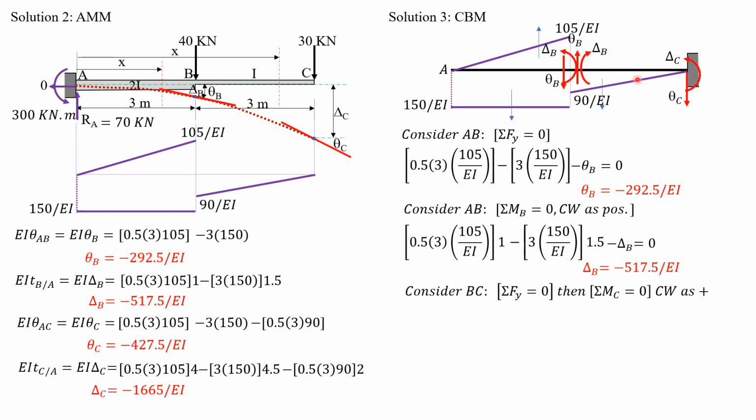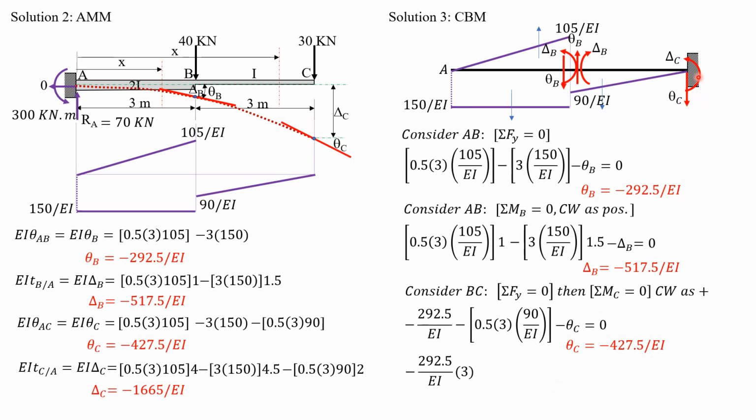And if we consider BC, if we sum up forces vertical, we can solve theta C. So theta B, but theta B is negative, although it's upward, negative 292.5, then minus 0.5 times 3 times 90 over EI, then minus theta C equals 0. So theta C is equal to negative 427.5 over EI, just like the answers before.